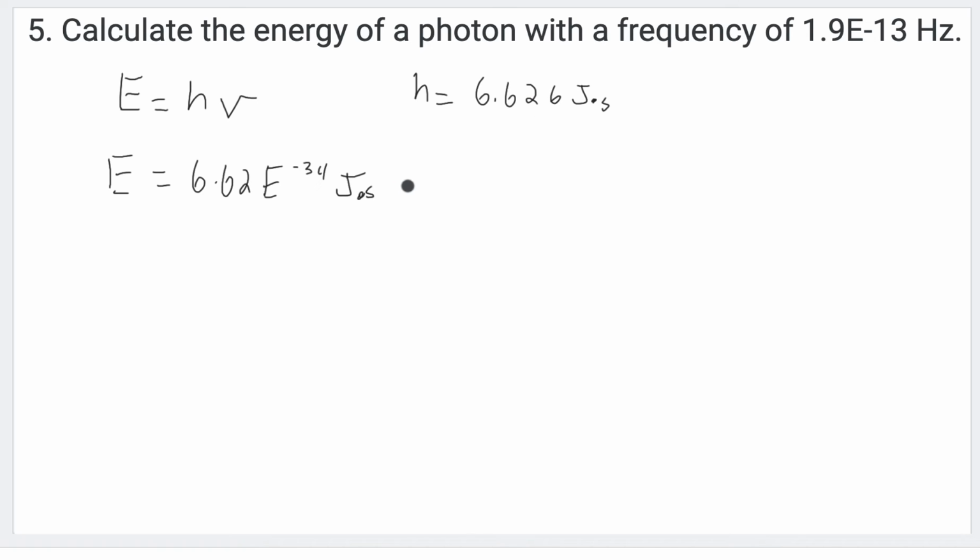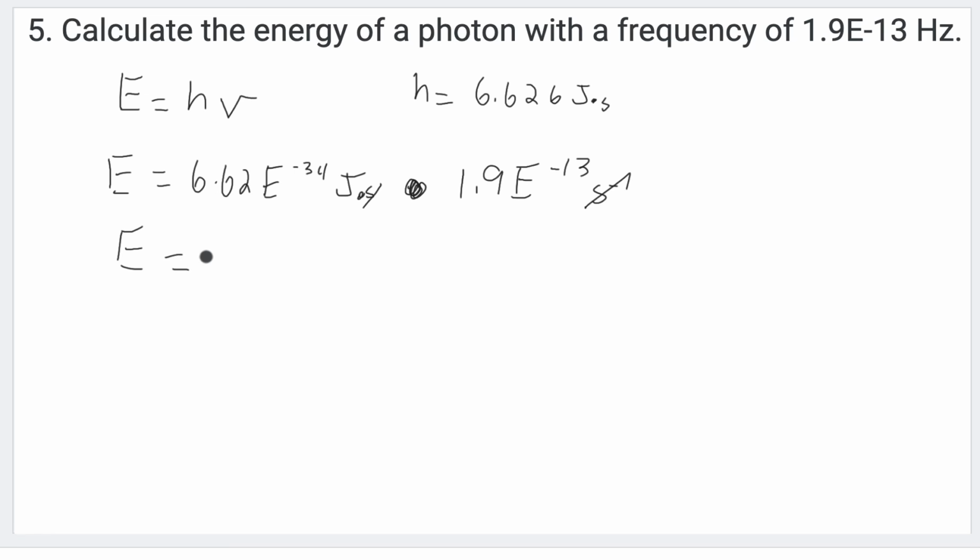Okay, but anyway, we're going to take that times the frequency, which is 1.9 e to the negative 13th seconds to the negative 1 power. That's the same thing as a hertz. Notice that seconds will cancel, leaving you with units of joules.